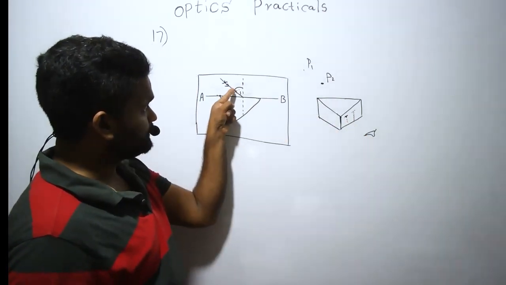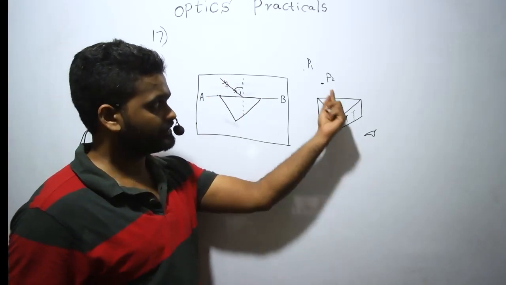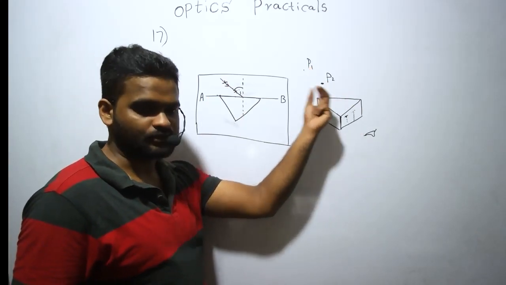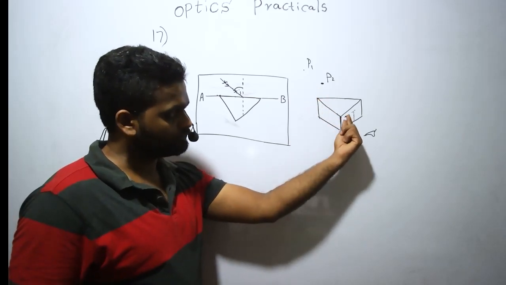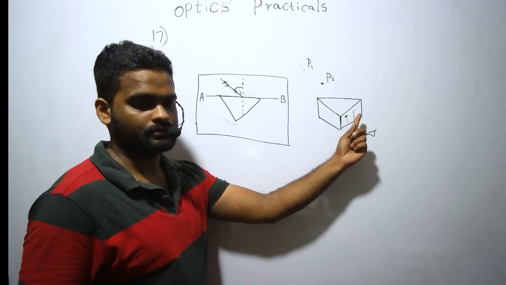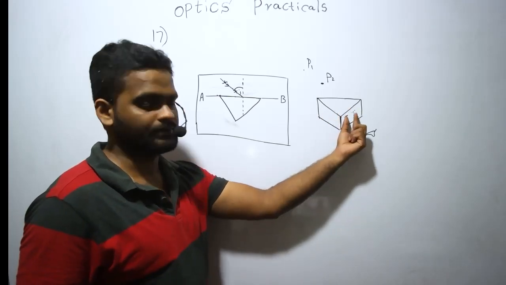You place 2 pins here. You are looking at these 2 pins, but you cannot see these pins directly. What you see, when you look through this prism, are images of these 2 in 2 different places.